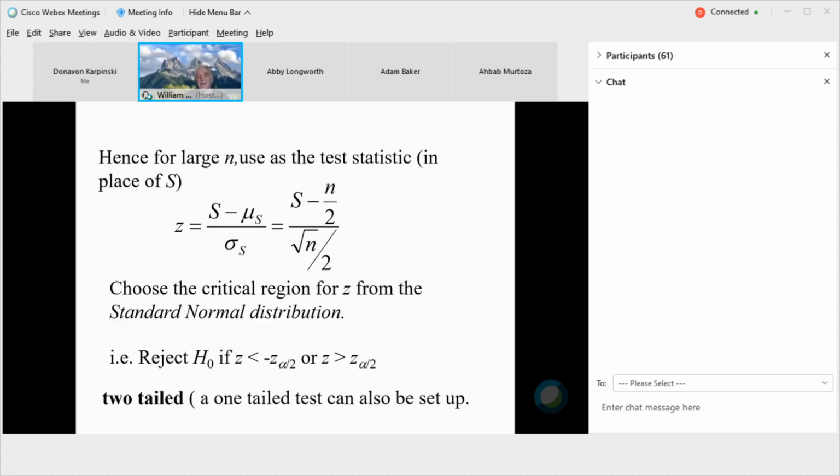So we can then just standardize S using the fact that it has a normal distribution and reject using the normal tables. For a two-tailed test, we reject if Z is greater than Z sub alpha over 2 or less than minus Z sub alpha over 2. You can also use a one-tailed test as well.